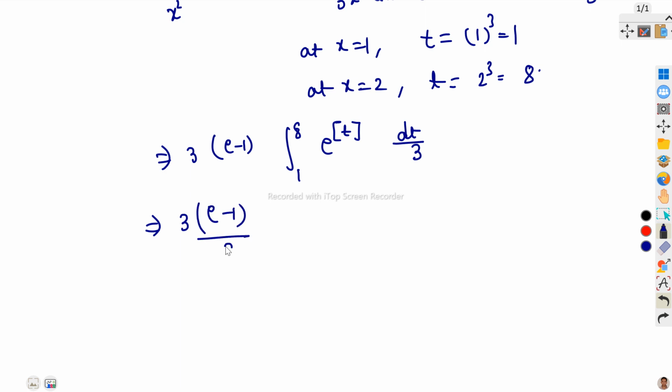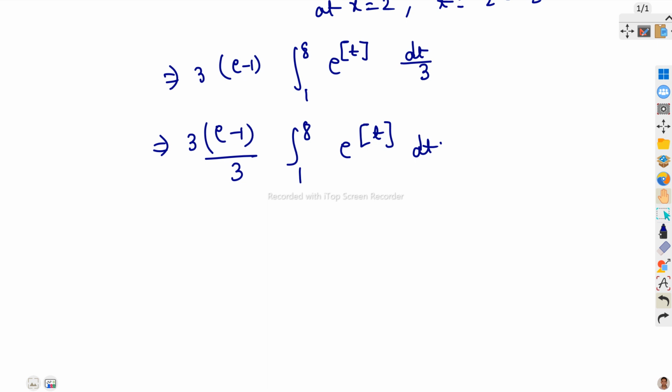This 3 gets cancelled, and this becomes (e − 1) times the integral from 1 to 8 of e^([t]) dt.